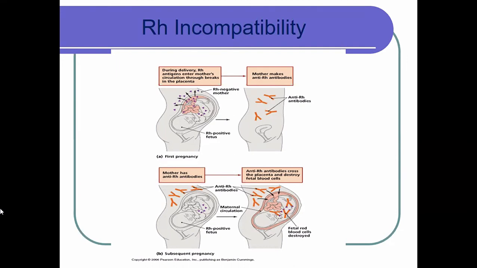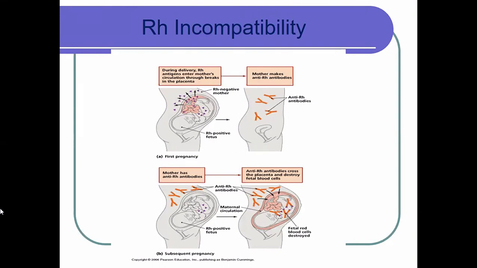It is the subsequent pregnancies that are affected by Rh incompatibility, because the mother, because of the exposure to the Rh positive fetus, will be forming antibodies against this Rh antigen, so that in the subsequent exposure or pregnancy, the antibodies formed by the mother will destroy the baby now.